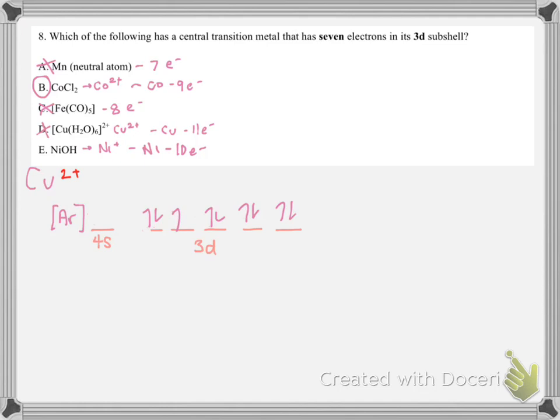And then finally, we can look at nickel. And so nickel hydroxide, the nickel will have a +1 charge. And nickel has 10 electrons after its argon core. We can draw 1, 2, 3, 4, 5, 6, 7, 8, 9, 10.